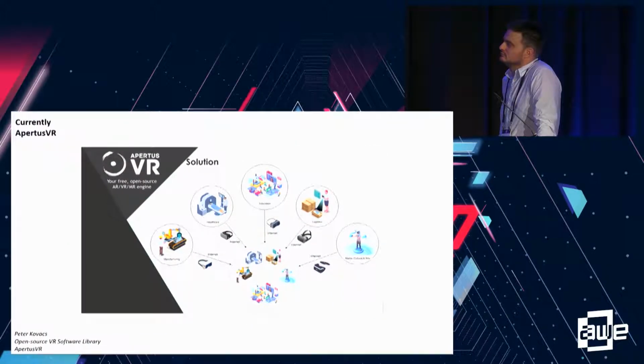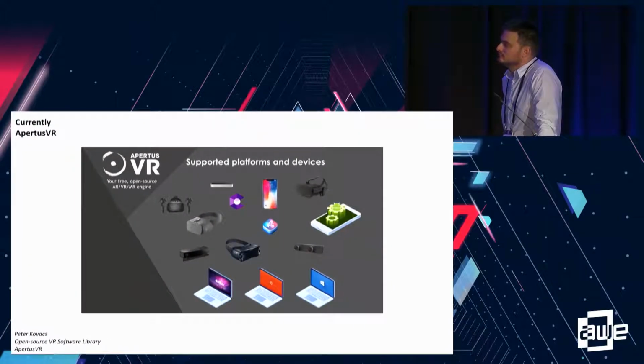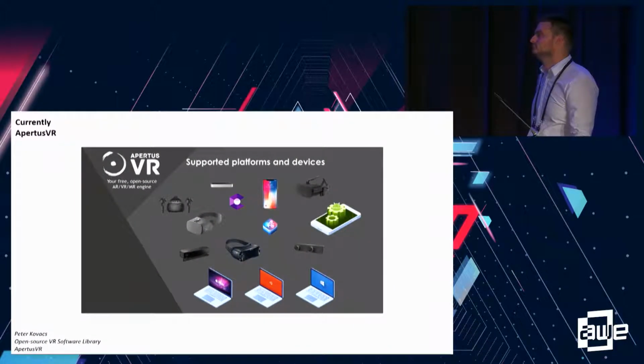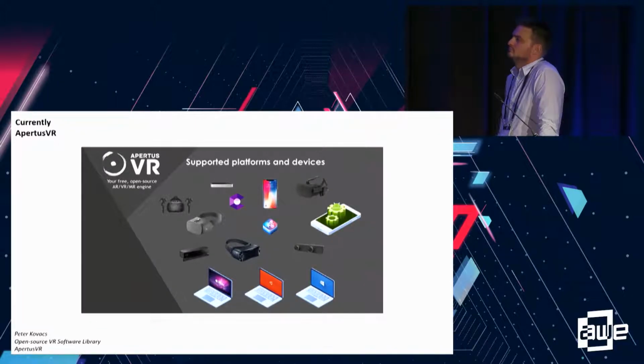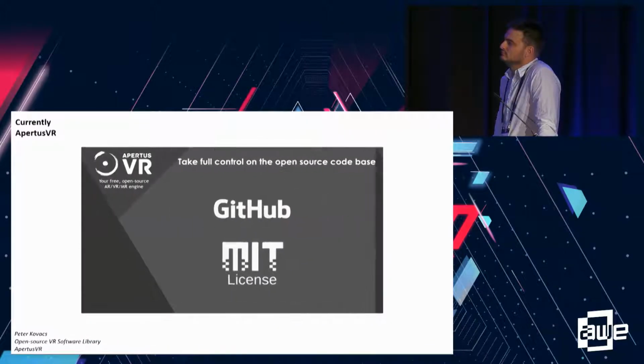ApertusVR is not a framework. It's a set of embeddable libraries that can be integrated into your existing project. You don't have to integrate your application into other frameworks, as Apertus extends your product with XR capabilities. Our library runs on all major OS and supports a wide range of XR devices. With the help of ApertusVR, incompatible XR devices can be used in a shared virtual space.